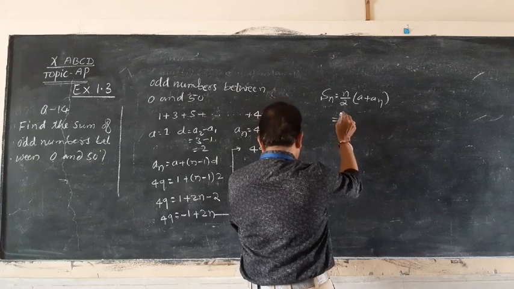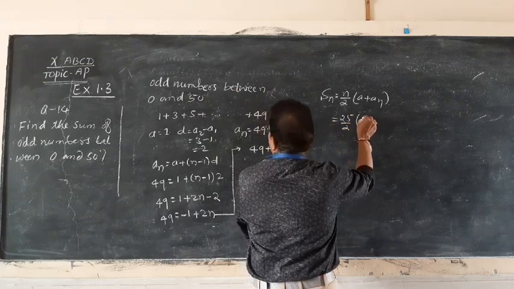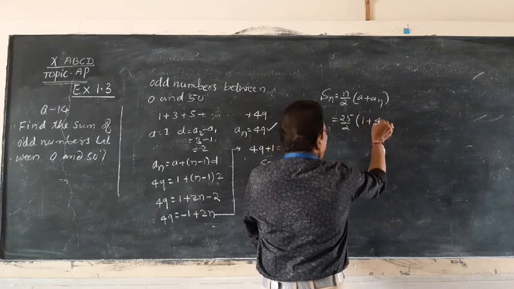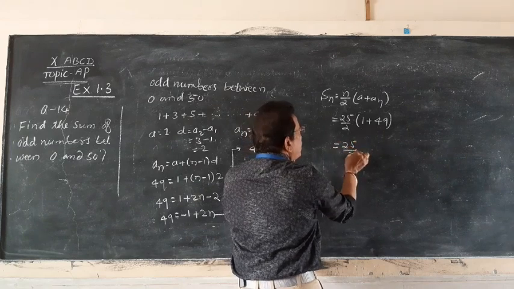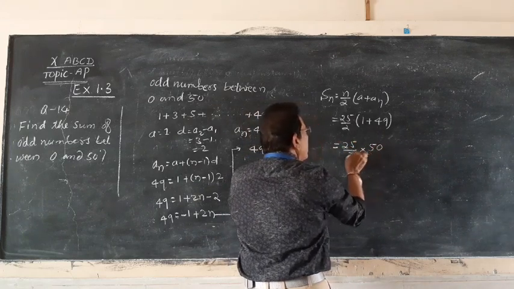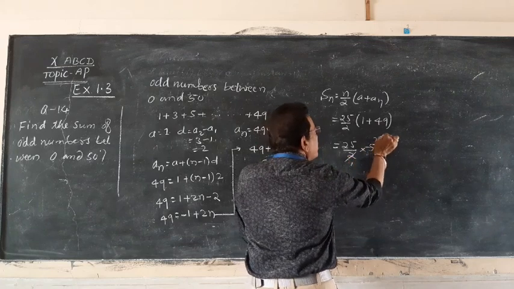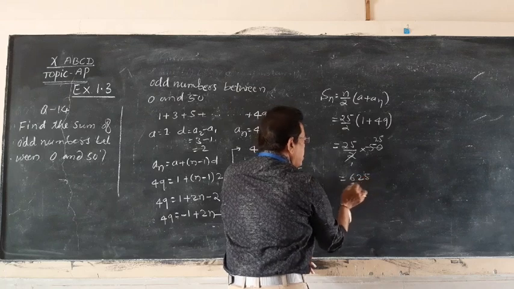So n, how much did we get? 25 by 2, then a 1 plus an 49. 25 by 2 into 49 plus 1, that is 50. 2 ones are 2, 25 25s are 625.